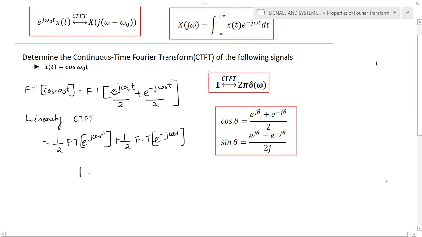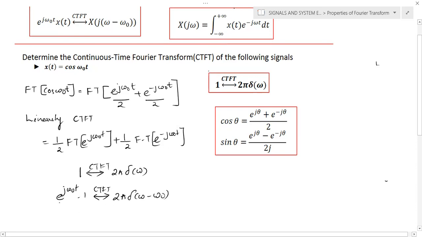From the standard equation, the Fourier transform of 1 is 2 pi into del of omega. Now the first signal is simply e raised to j omega 0 t into 1, and if you use the frequency shifting property, the equation becomes 2 pi into del of omega minus omega 0.